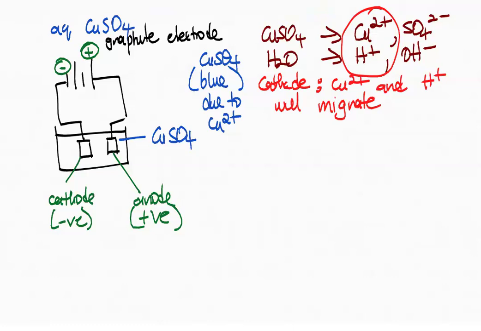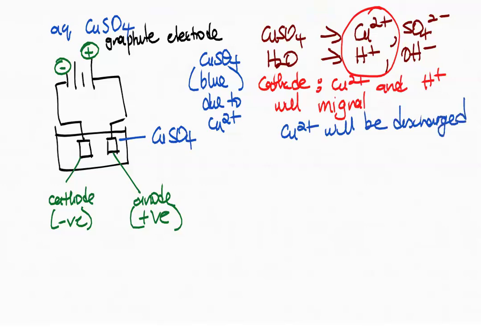So no matter how dilute we make this, there's a big difference in stability between copper and H plus. So it will always be copper. Is that clear? Do you guys agree? Cu2 plus will be discharged, whether there is plenty or a little bit.